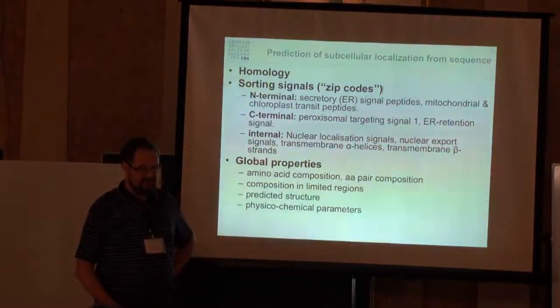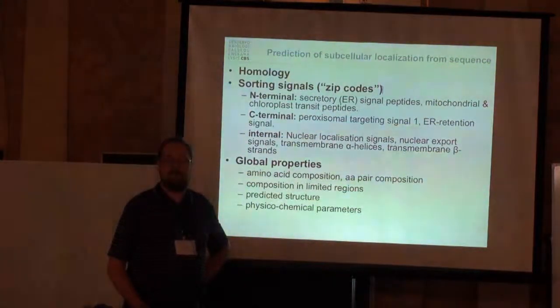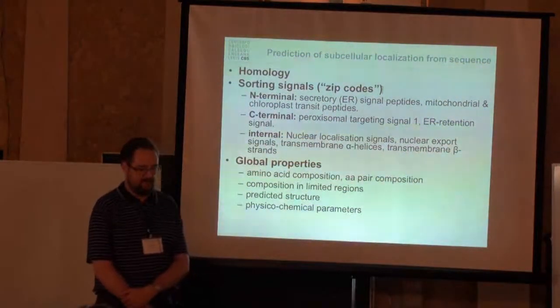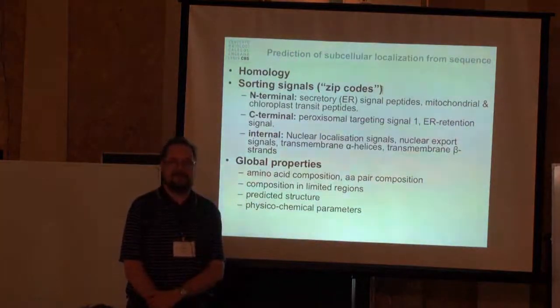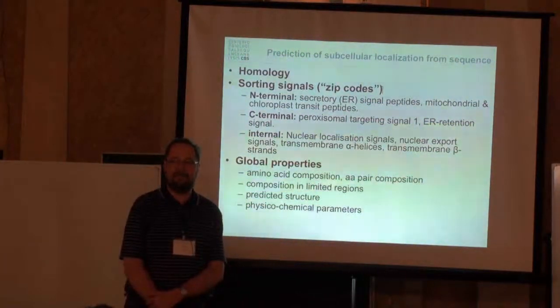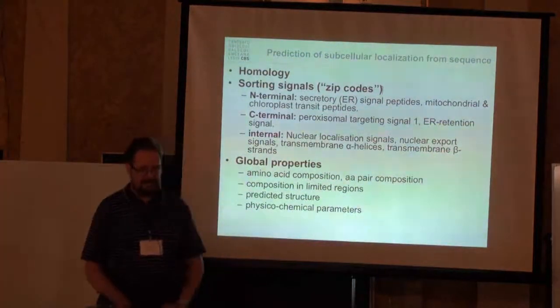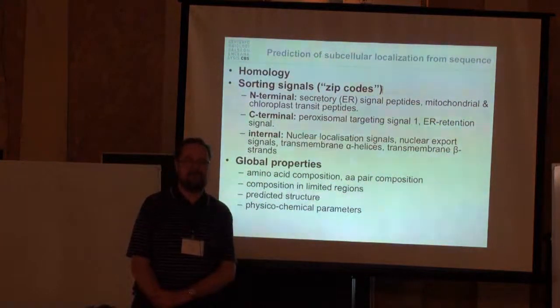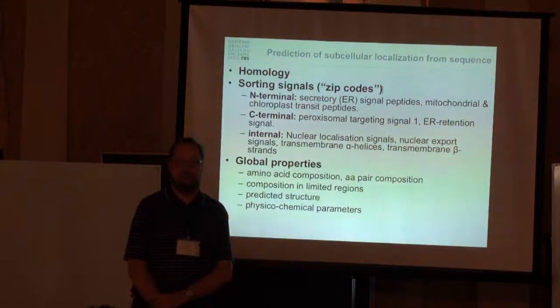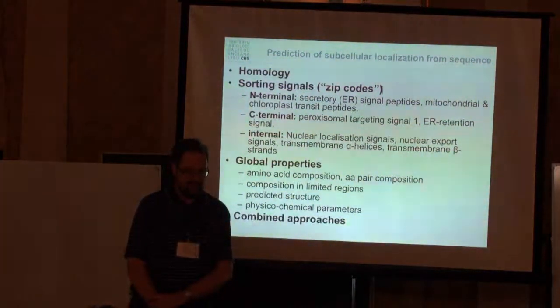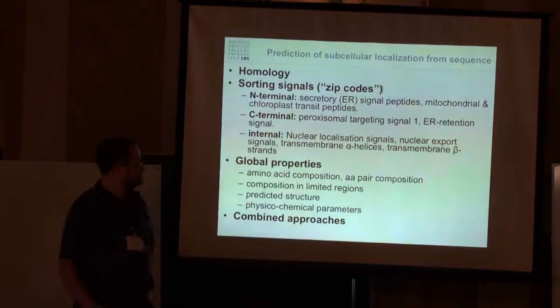You can use global properties of the amino acid sequence. It has been observed that the amino acid composition of proteins is different in different compartments of the cell, and that fact can be used for a prediction method. And of course, there can be combined approaches.